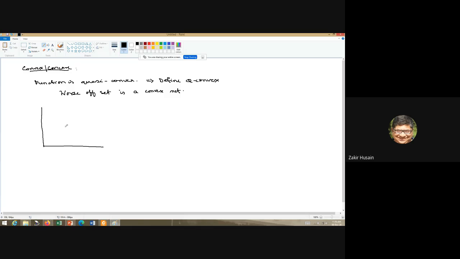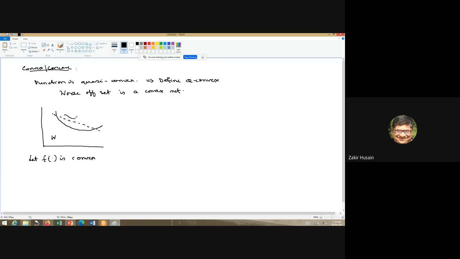Okay. Now it was given that the function was negatively sloped. Okay. So suppose the function is convex like this. This is the inverse set. So we take points on the inverse set and we connect them, right?